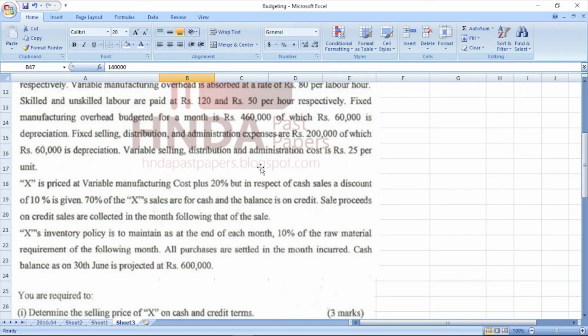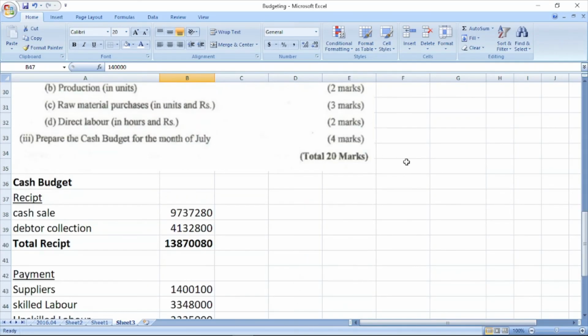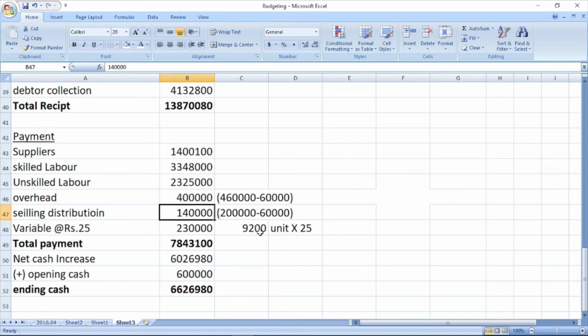Variable selling, distribution and administration cost is 25 rupees per unit, so 25 rupees into units, 600,000.